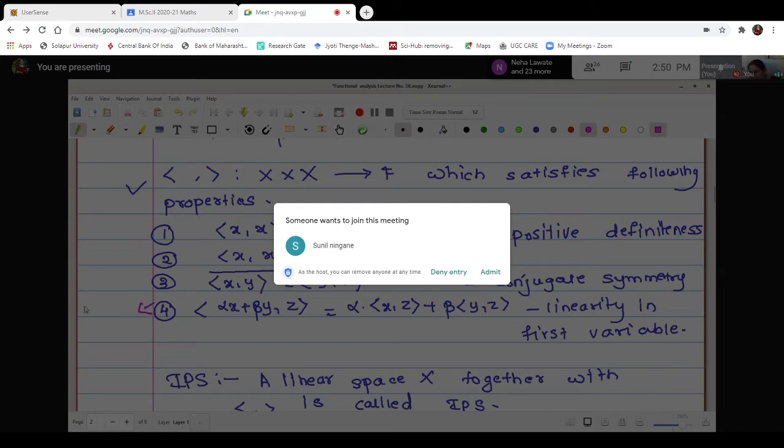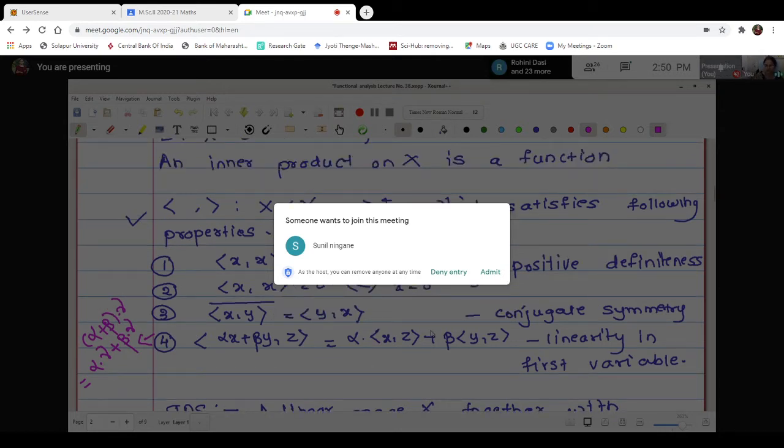That is, if alpha plus beta is multiplied with gamma, then we write this as alpha dot gamma plus beta dot gamma. This is what we have written on parallel lines. Therefore any function, if it satisfies these four properties, is called an inner product.